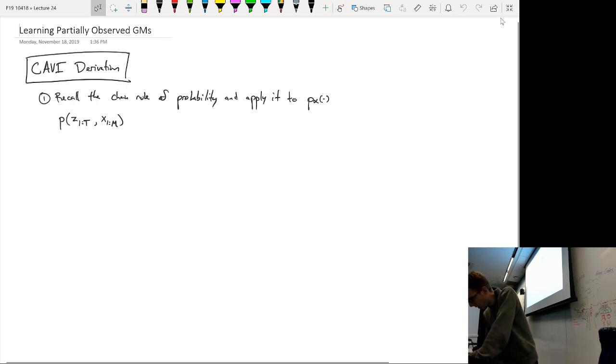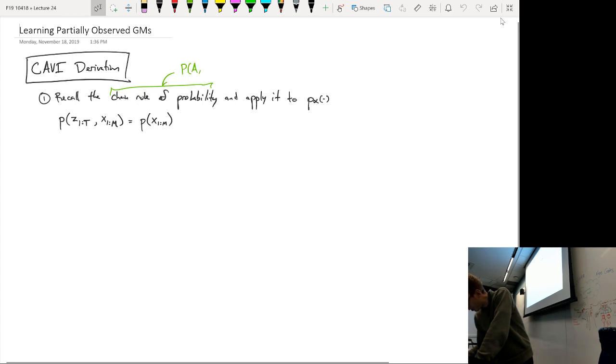And so if we want to apply the chain rule of probability here, first we have this joint probability over all of the x's. Actually, let me just state the chain rule here, in case it's been a little while.